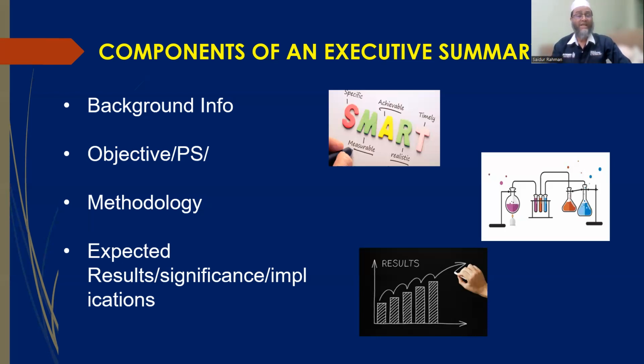Okay, so one or two sentences on background information, problem statement, and objectives; one or two sentences on methodology; and there should be some content on expected results. Because this is not a paper, you don't have results. You are going to write a proposal, so you are expecting something, you are anticipating some results. That's why it is called expected results, significance, and implications.